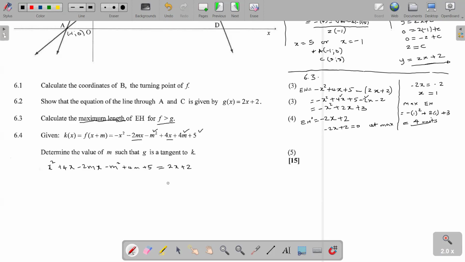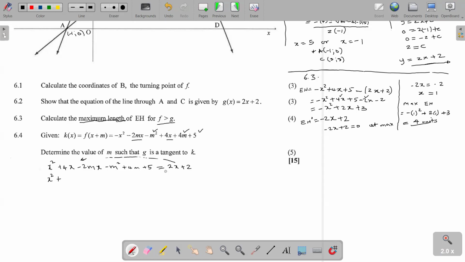So let us write this equation in standard form. So we are going to have x squared plus, then we take this 4x, we take this 2x to be here. So when it crosses, it's going to be negative.